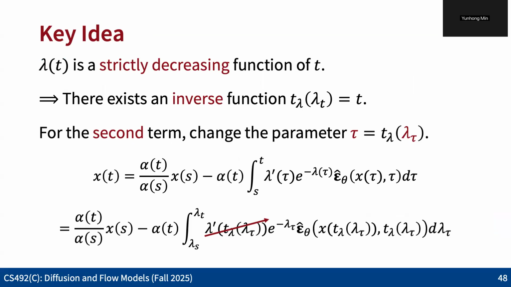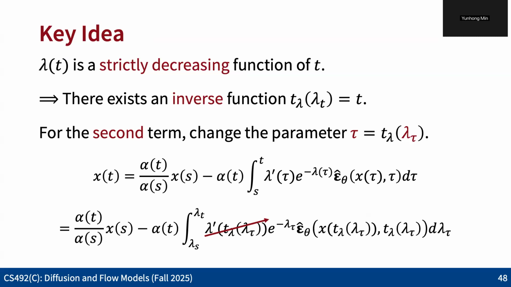The integral part was parameterized with the time t, right? But instead, this lambda, half of the log SNR, is a monotonically decreasing function, which means there is a one-to-one correspondence from the lambda value into the time t.